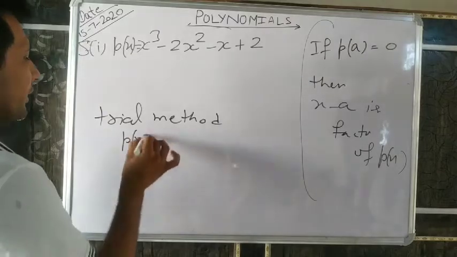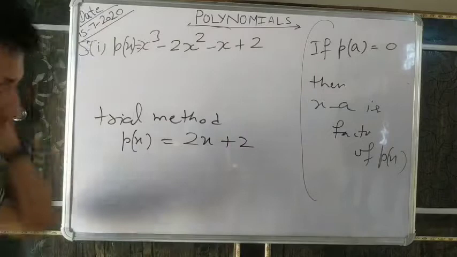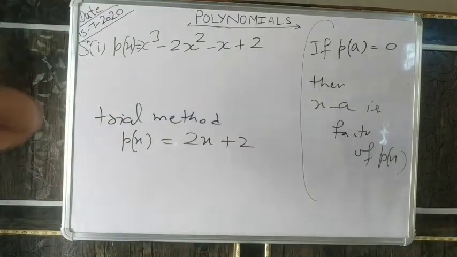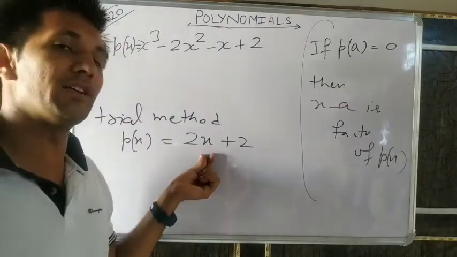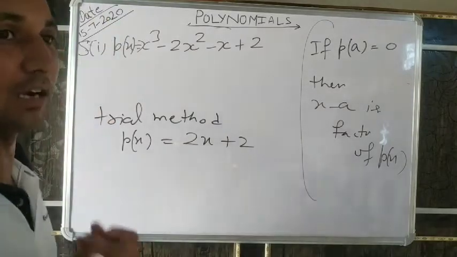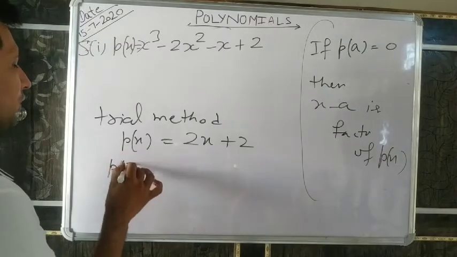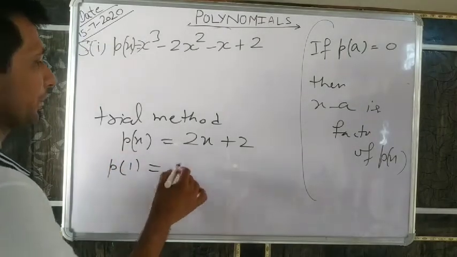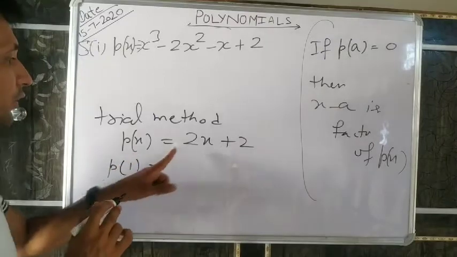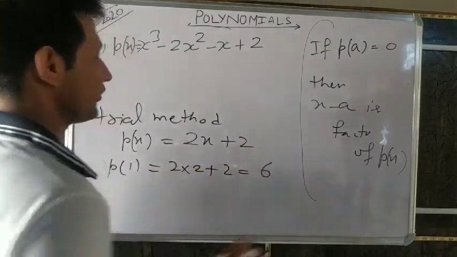Suppose P(x) is given as 2x plus 2. What value will we put in place of x so that it becomes 0? Trial method means we start by ourselves. Suppose first we put x equal to 1. 2 into 1 is 2, 2 plus 2 is 4, 4 plus 2 is 6.